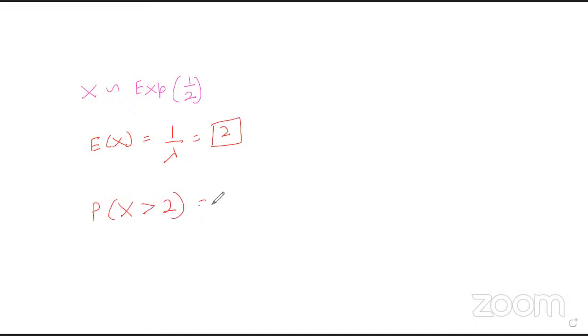So in other words, I can write it as 1 minus the probability that X is less than 2, which is nothing but 1 minus the CDF of the exponential distribution at point 2. By the formula of the CDF, it would be 1 minus e raised to the power minus lambda t.